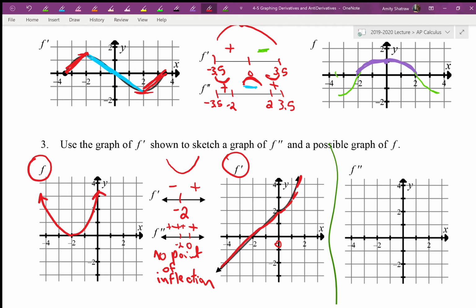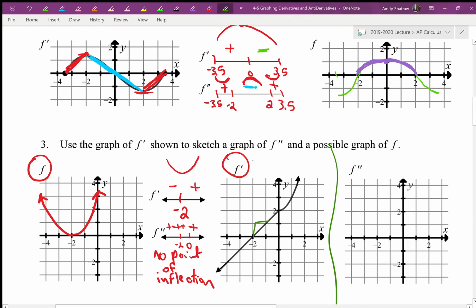So looking at the green function, I'm going to erase all this. I want to be able to say exactly what the derivative is. And it turns out I feel really good about it because I actually know what the equation of this line is. And you should know what it is too, because I am going down 1 and over 1, right? So I'm saying this is whoops, my bad. I'm going up 1 and over 1.